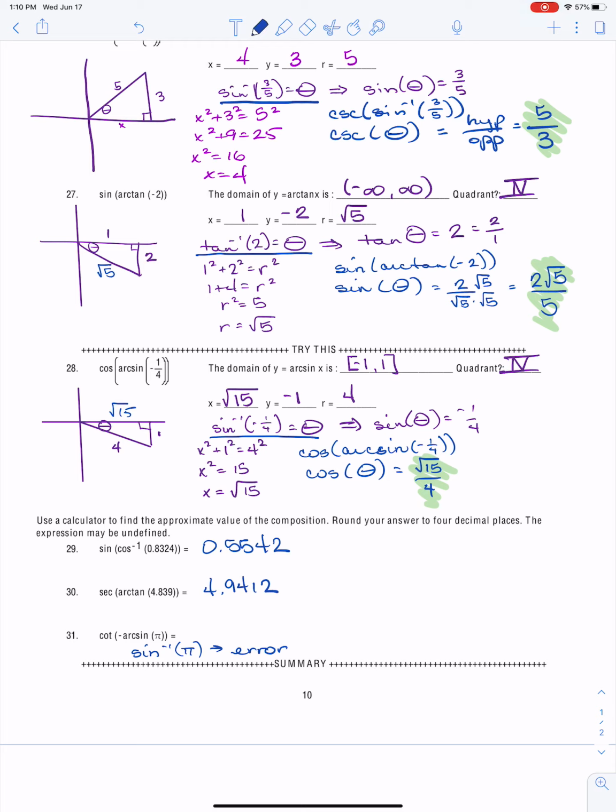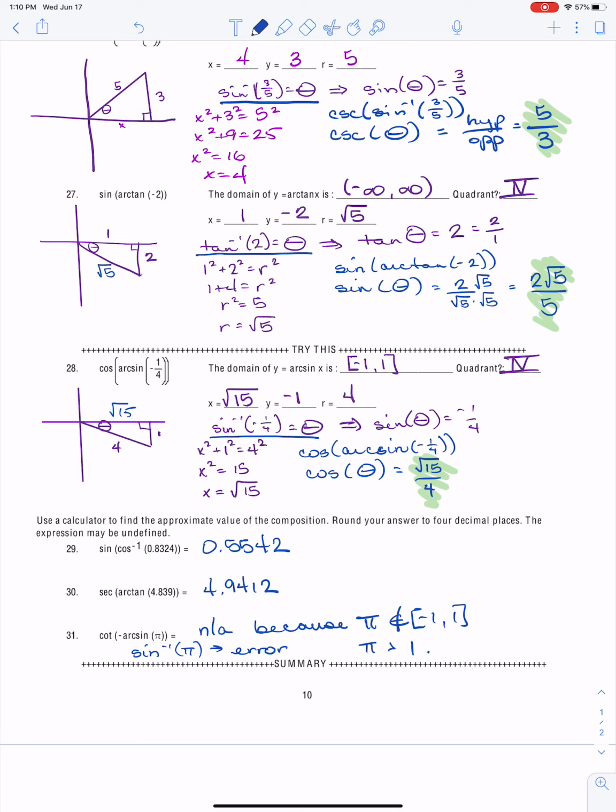Pi is roughly 3.14, so it lies outside that domain. So none, because pi is not a member of our -1 to 1 domain. Pi is bigger than 1.